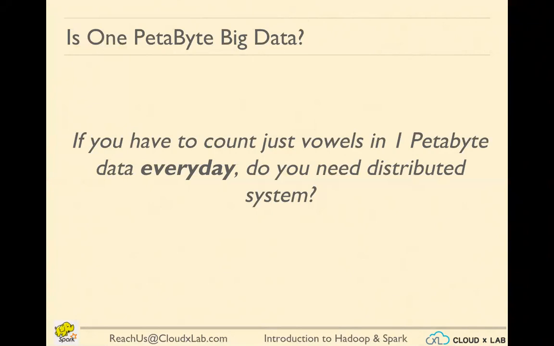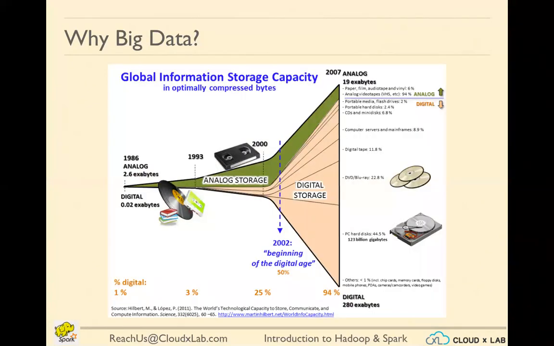All right. So here's the standard chart which shows how the data has grown. On one hand, we have analog storage. On another, we have digital storage.